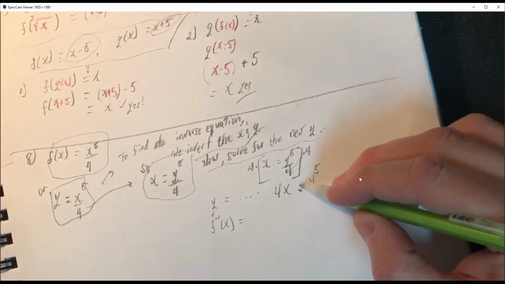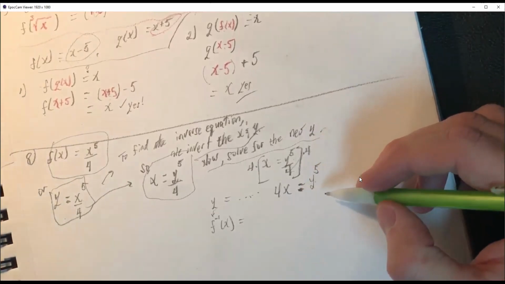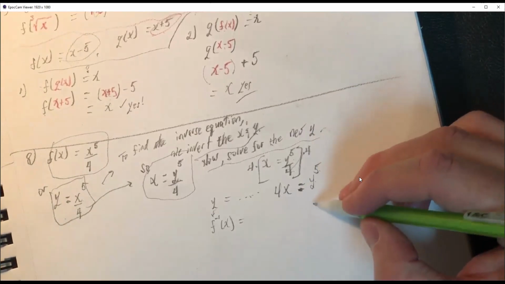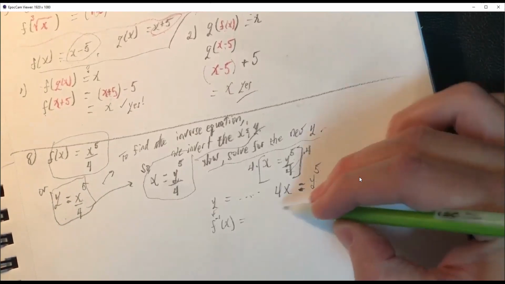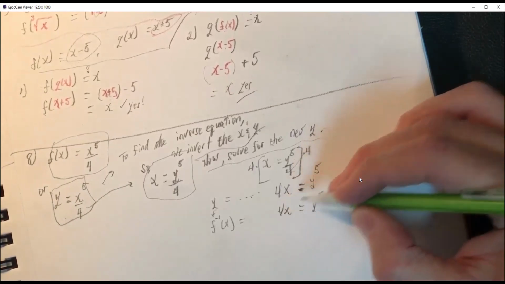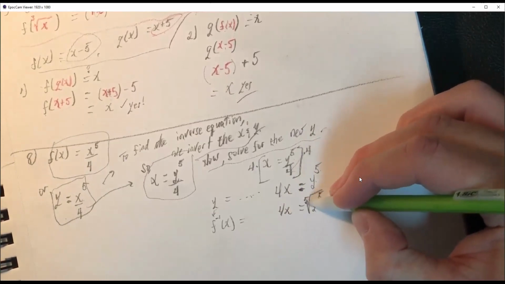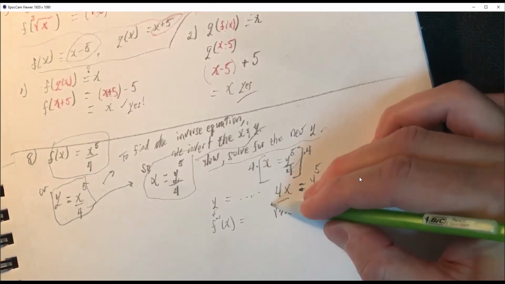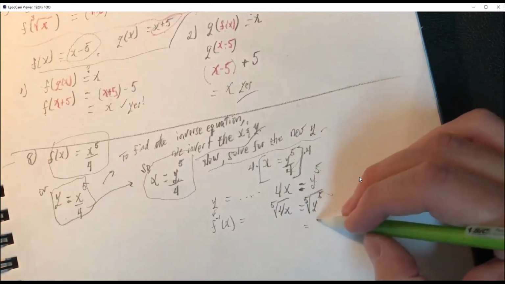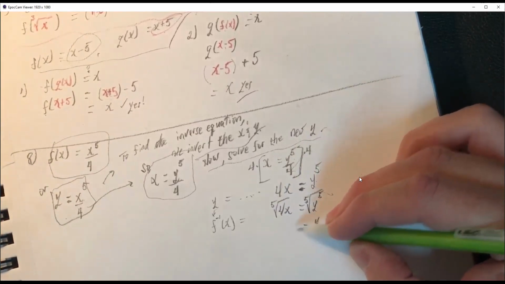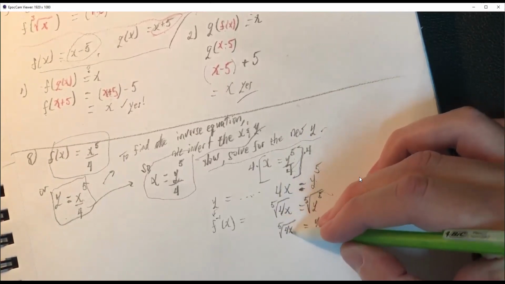Now, to finish our task of solving for this new y, we want to get rid of the 5th power. To get rid of a power function, we have to do the inverse of a power function, which is a root function. And these compose out, and we get y equals the fifth root of 4x.